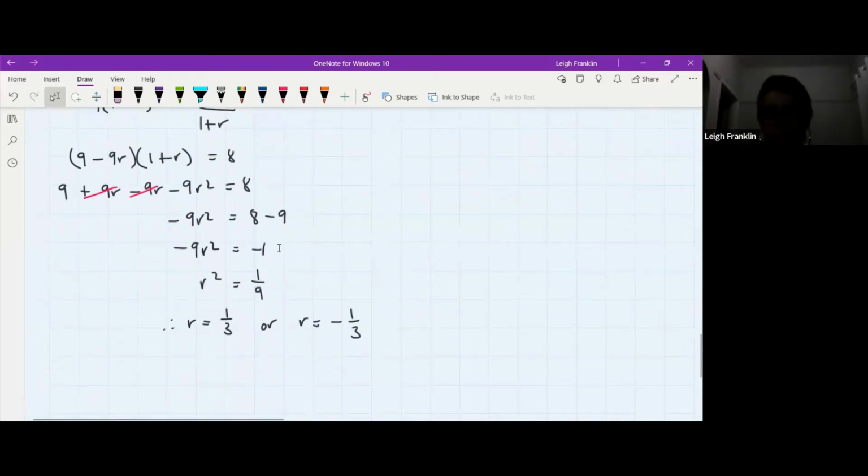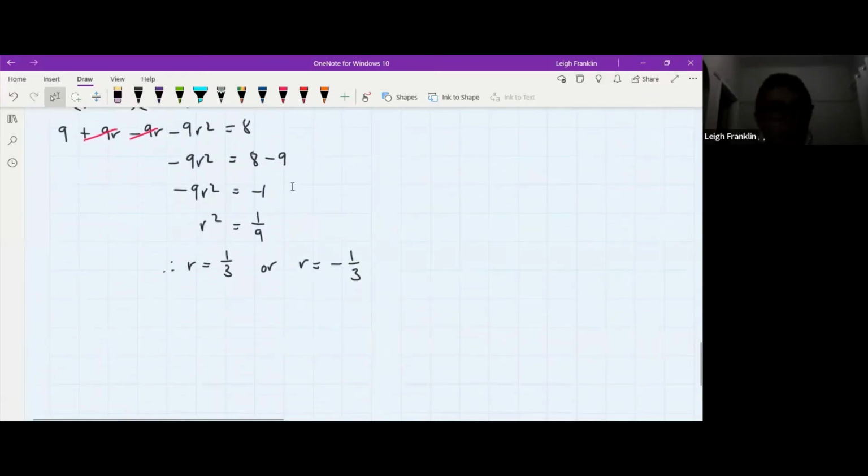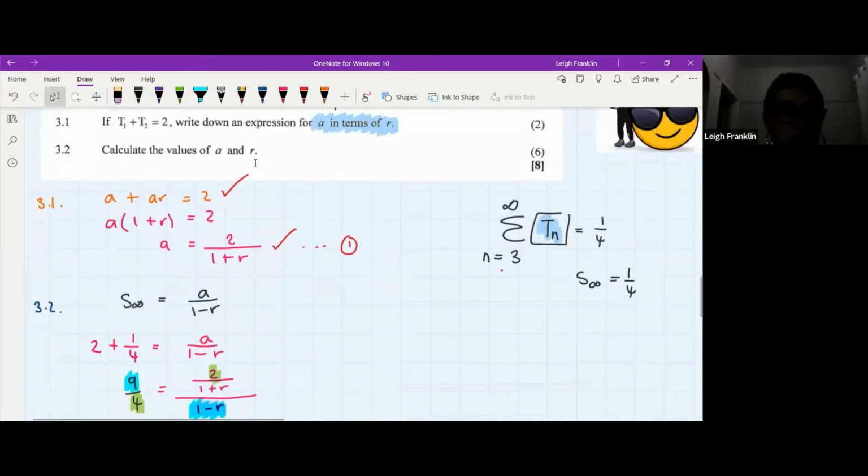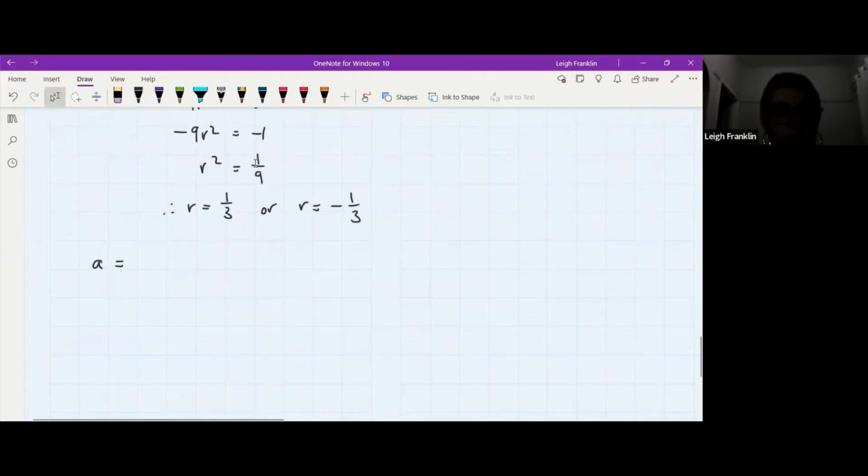Okay, so last thing that we would need to do is work out the values of A. All right, so A was equal to, what was it equal to? 2 over (1 plus r).